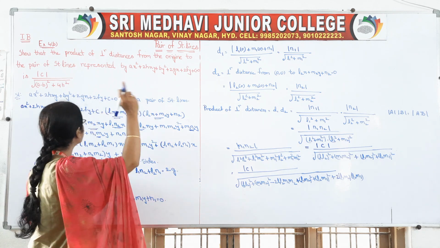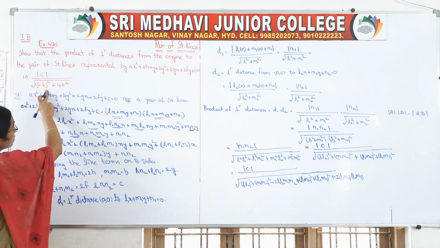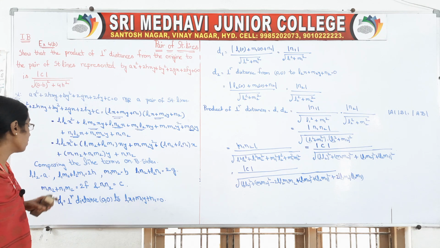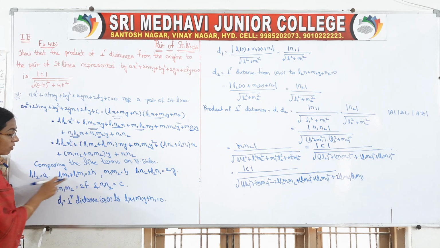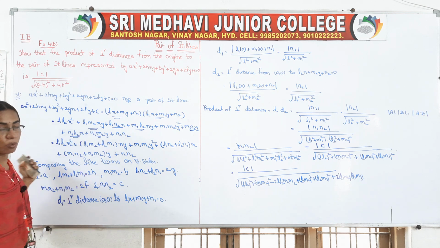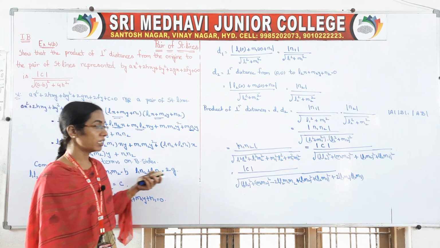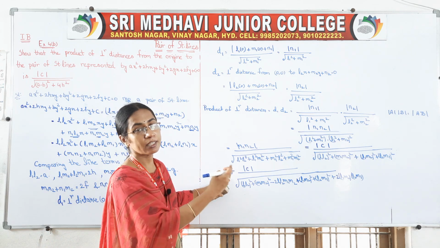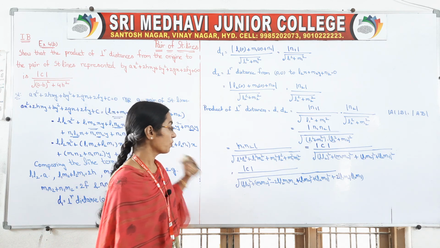To get our required answer. What is our answer? We should get root of a minus b whole square plus 2h whole square. So what is your 2h? See, this is your 2h. L1 M2 plus L2 M1 is equal to 2h. Okay. So to get the required value, we deducted and added that particular value. Okay.